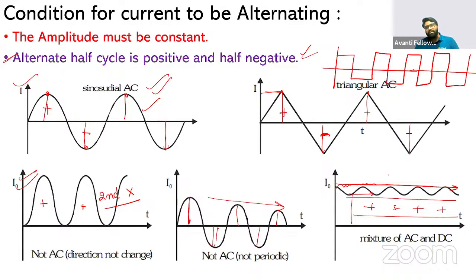And that is nothing but a direct current: positive, constant amplitude, and not changing the direction. Okay. Here we cannot say it is DC, because it is getting to zero over a cycle. This value is not getting to zero. It is just decreasing in this manner. Okay, a little bit of deviation.